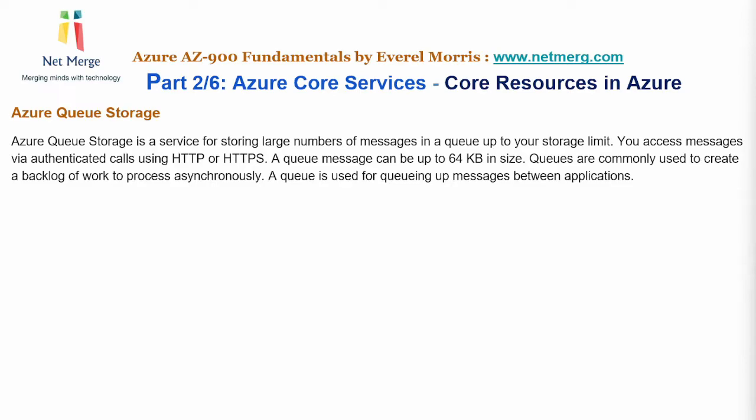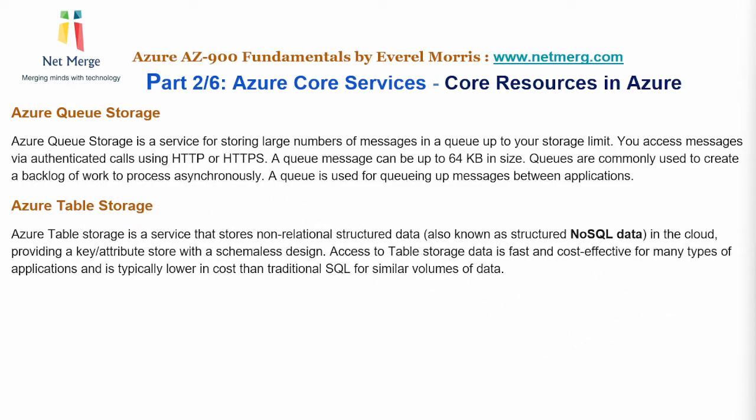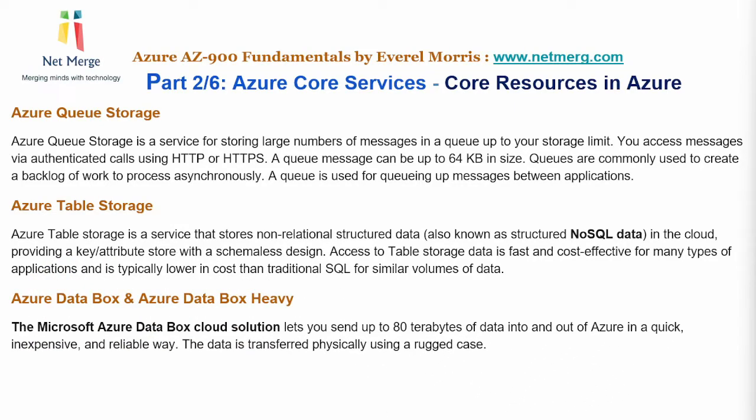Now, I just want to go over these other types of storage really quick. They're not in the course outline, but I want you to understand them. You could look at them at your leisure. I want you to especially pay attention to the Azure Data Box and the Azure Data Box Heavy.